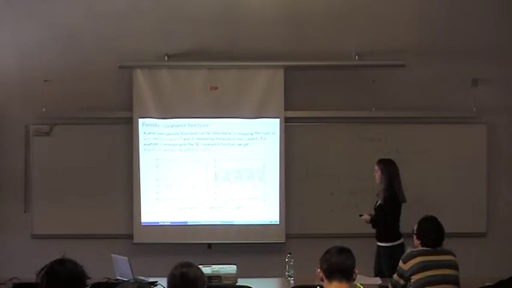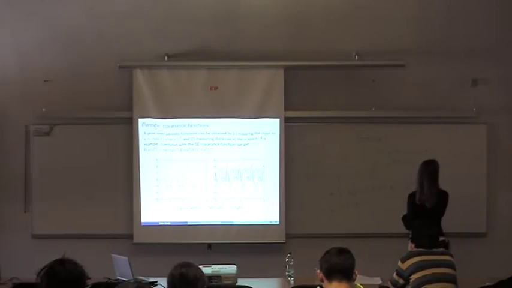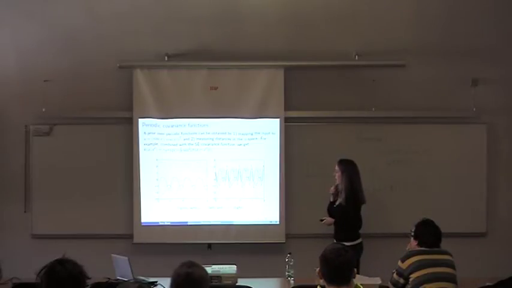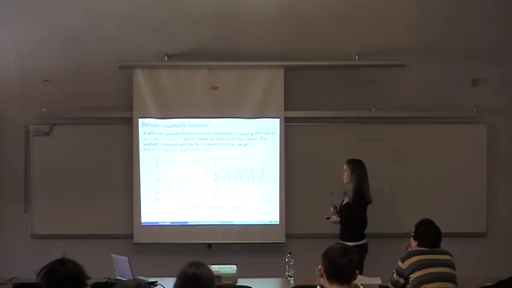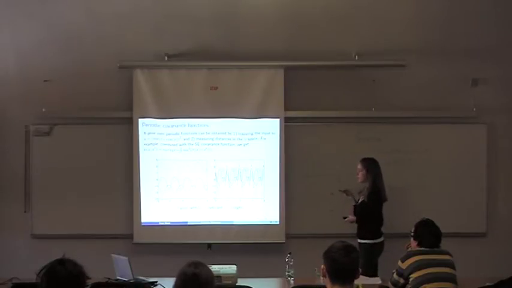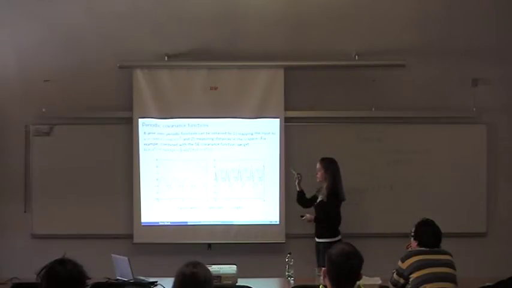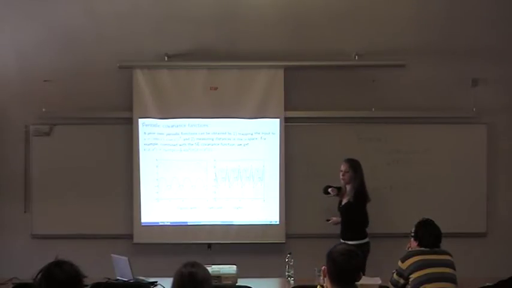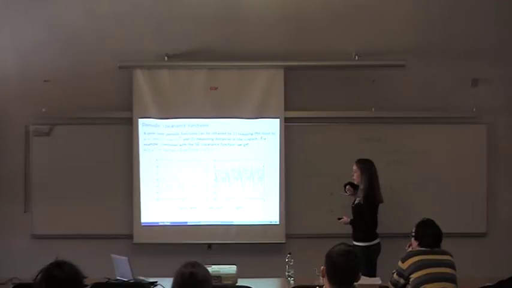Okay, then we just have periodic covariance functions. One way to define a periodic covariance function is just to map our input space x to a vector u, which is a two-dimensional vector containing the sine of x and the cosine of x.